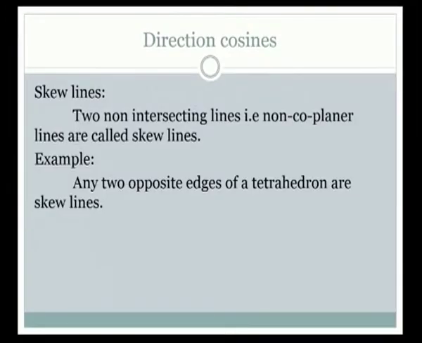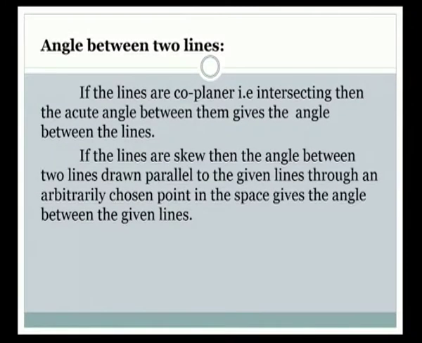If the lines are skew, you know, the definition of skew line says that two non-intersecting lines, that is non-coplanar lines, are called skew lines. So, if the lines are skew, then the angle between two lines drawn parallel to the given lines through an arbitrarily chosen point in the space gives the angle between the lines.